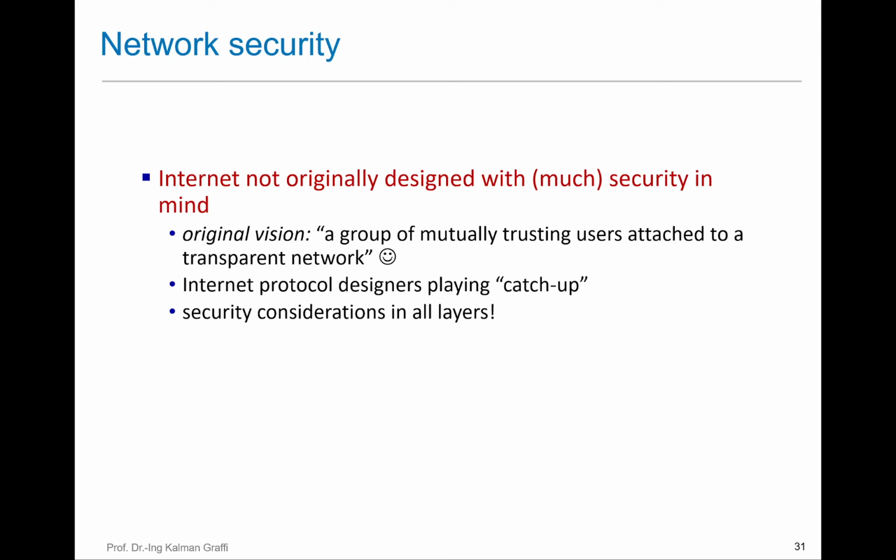So basically it's all already deployed, all the protocols are out there, and now there are endeavors, I mean obviously since decades, to close potential security holes and to consider security in all layers nowadays. But because backward compatibility is so important, it's not so easy to do it from scratch. So the ideal case would be to come up with very new, very secure protocols and then to deploy them for everyone in the internet.